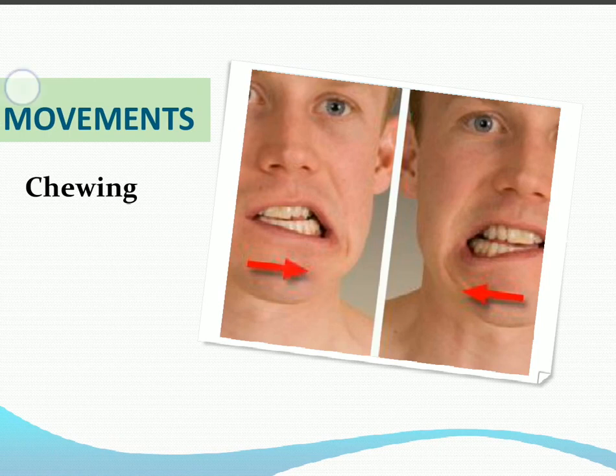So we are referring to these movements. To take the chin to the left side, the right pterygoid muscles, that is the lateral and medial pterygoid of the right side, would move the chin to the left side.